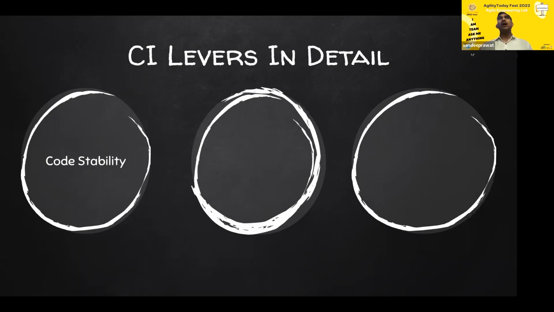Let's say you are working with a team of 10, 20 people. As soon as the code stability fails, and all the team members get that unstable code in their system, they can no longer run that application on their local system. When they cannot run the application, they cannot test it. When they cannot test it, they cannot move forward.